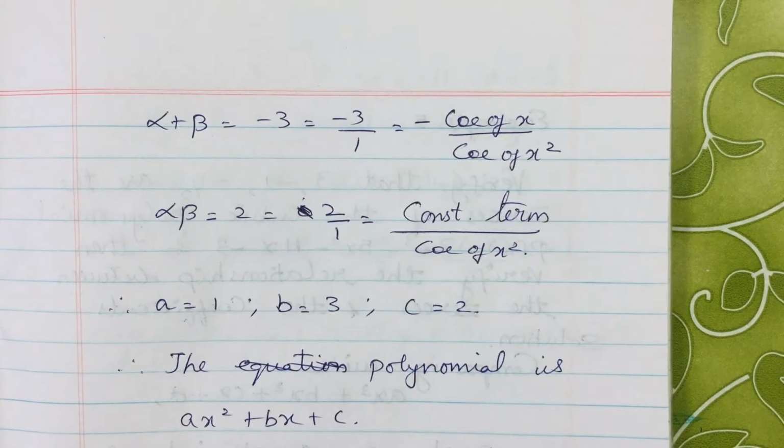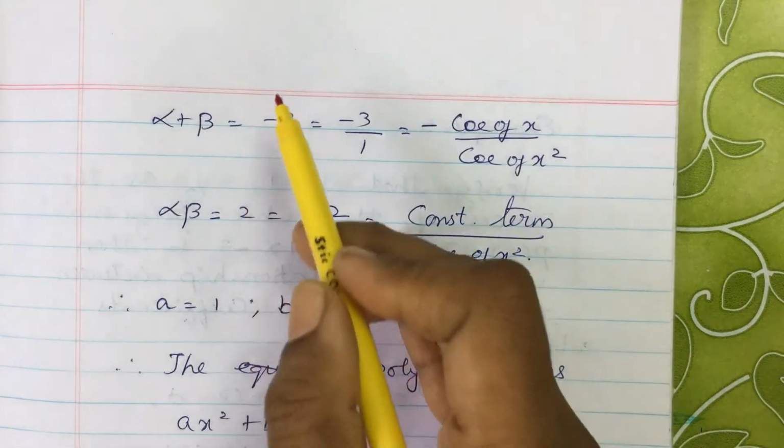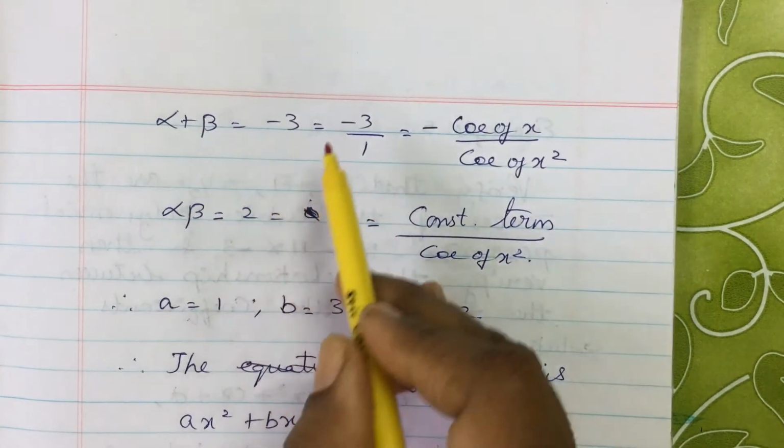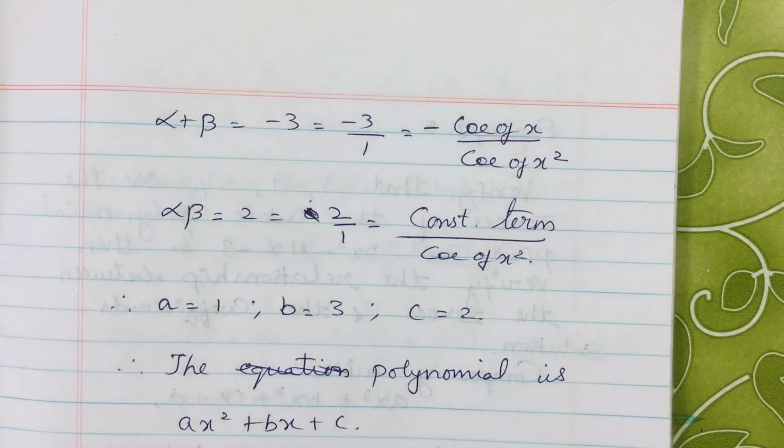So how to find out the equation with these data? Alpha plus beta is given as minus 3, alpha beta is given as 2. What I can do is put a 1 in the denominator because it won't alter the value.